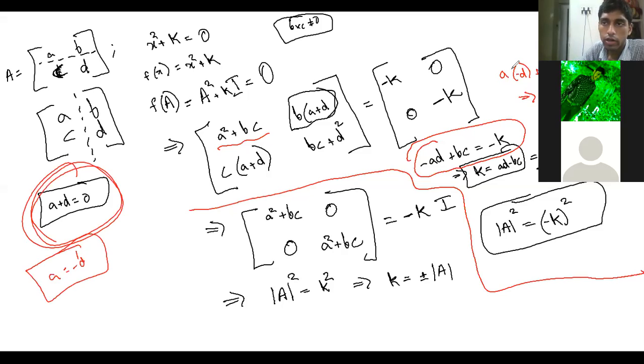So his way of doing it, he got this, but I am trying something else, by which I am not getting much.